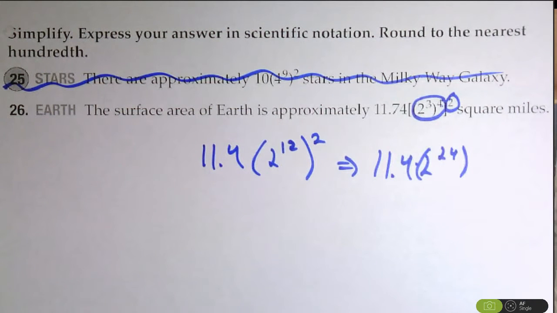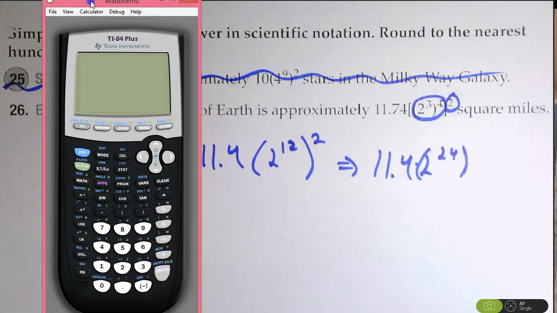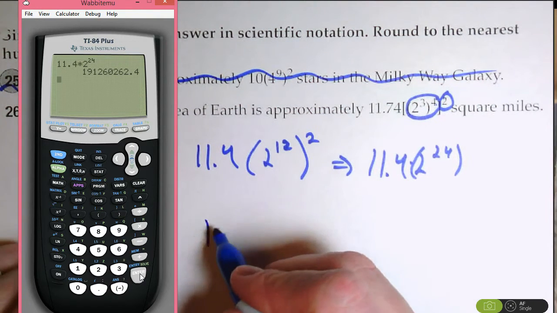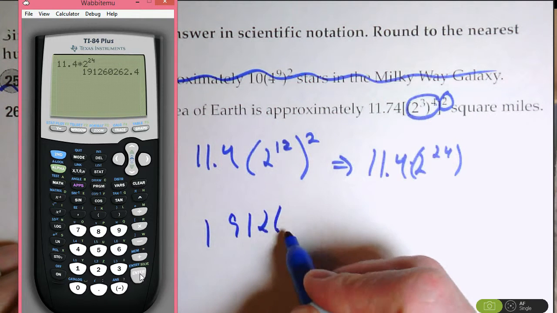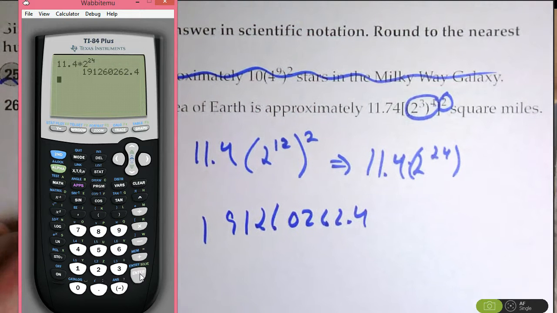Okay. So let's get our calculators out and see what that gives us, because this is way too big to do by hand. 2 to the 24th is going to be just absolutely enormous. So it's 11.4 times 2 to the 24th power. That ends up being for us 191260262.4.